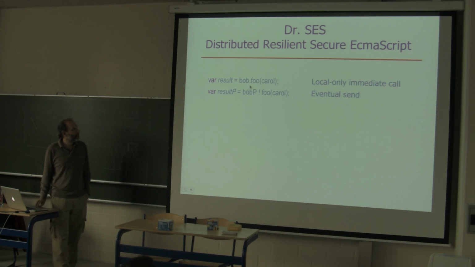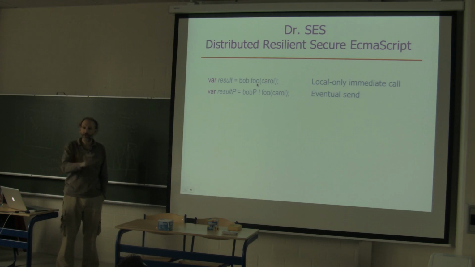Alice, by saying Bob.foo Carol, is saying I want Bob to do this request right now. There's a transfer of control from Alice to Bob. Bob runs to completion, returns some value to Alice, which Alice assigns to her result value. So Alice isn't even interested in continuing to do anything until Bob is completed.